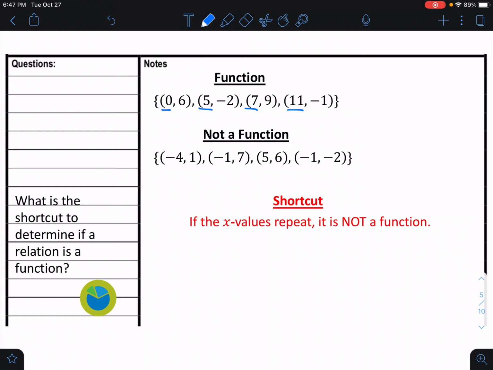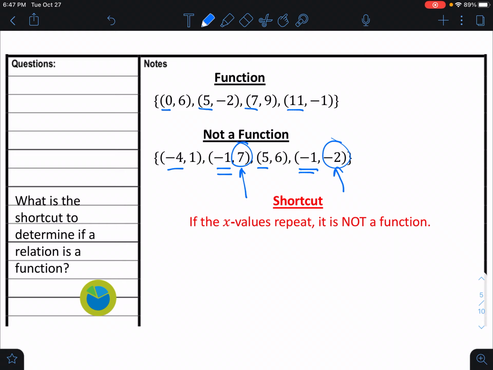Okay, now it's not a function if you see, I've got -4, -1, 5, and then another -1. So that's a red flag because now I notice that -1 goes to 7, and it also goes to -2. These are two different y values, okay? And that's not good.